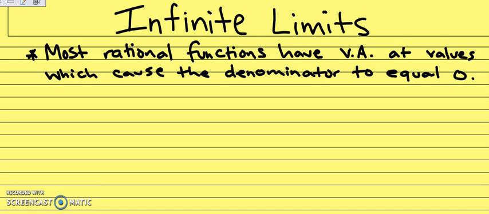For example, f of x equals 1 over x minus 1. We know that when x equals 1, the denominator is 0, so x cannot equal 1, therefore we have a vertical asymptote at x equals 1.